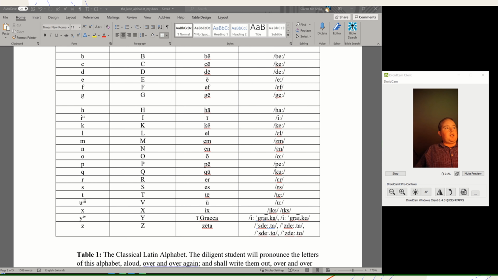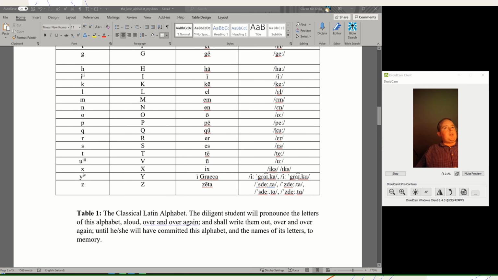Y is called I Graeca, I think it might also sometimes be called upsilon, but I Graeca means Greek I. And then this one, Zeta, also counts as two letters when it comes to prosody and syllable division.